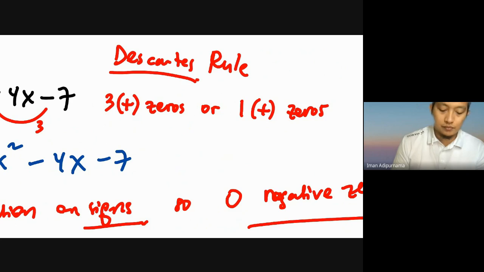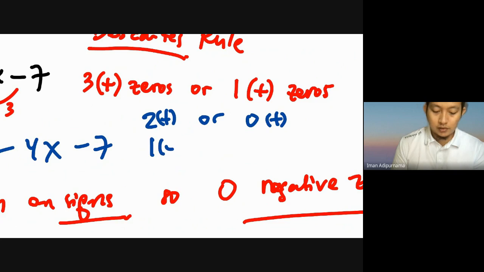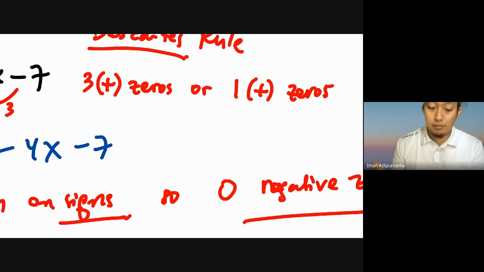If you have 2 sign changes, then 2 positive or 0 positive. If you have 1, it's only 1. That's Descartes' rule: you subtract an even number, most often 2. If you have 4, then you have 2 or 0. This is also a possibility.